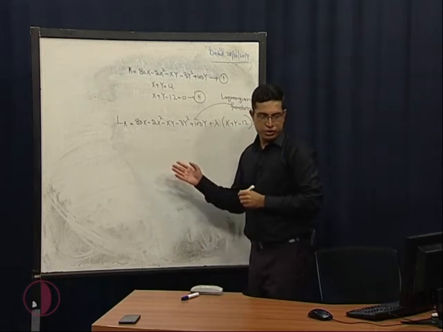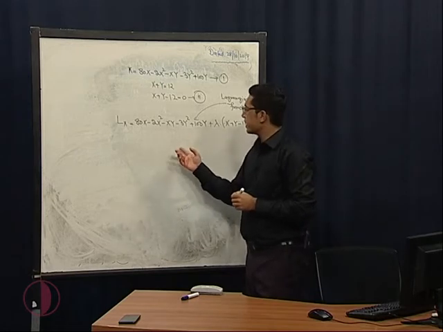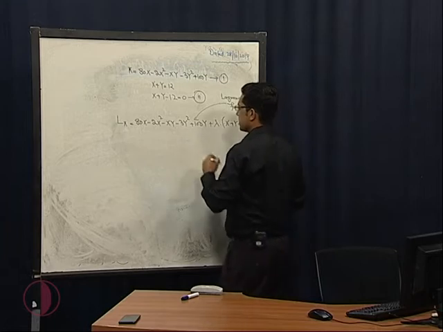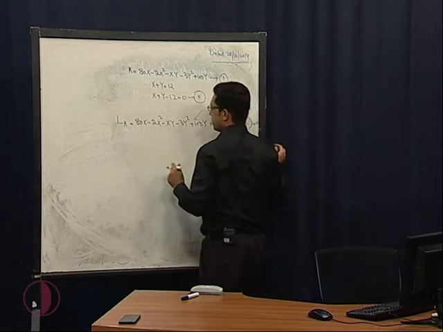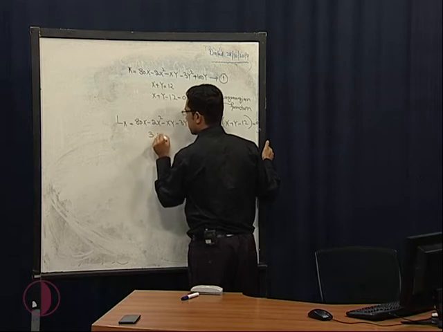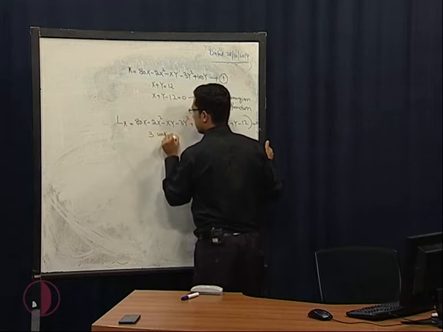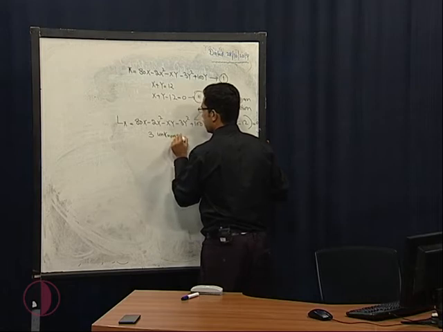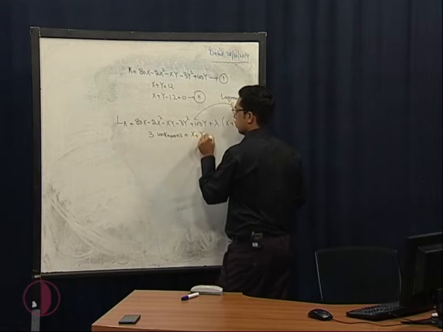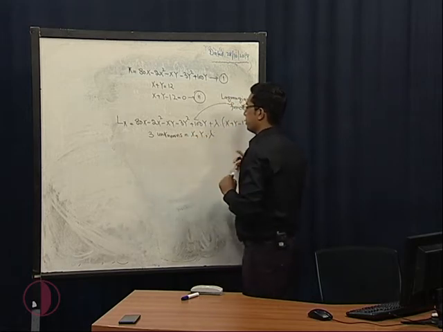The Lagrangian function can be treated as an unconstrained function in three unknowns. In this unconstrained Lagrangian function, we have three variables. What are they? The three unknowns are x, y and lambda.